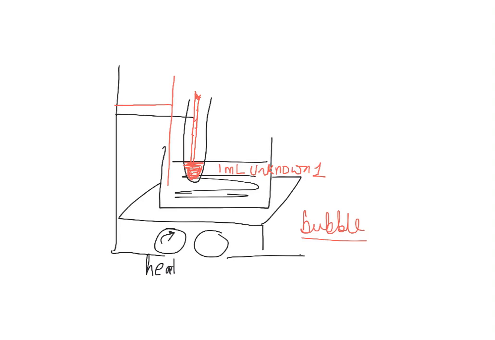And at the boiling point, the entire air in this column is going to get displaced, and you would see that the liquid is going to rise up. That's where you need to stop, and that's your boiling point. At this point, you would also see that your thermometer will show a constant temperature, and that's it.